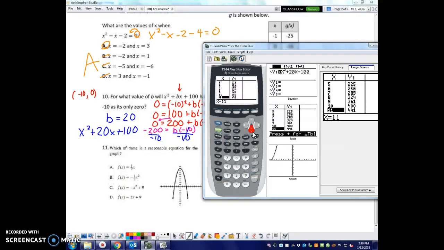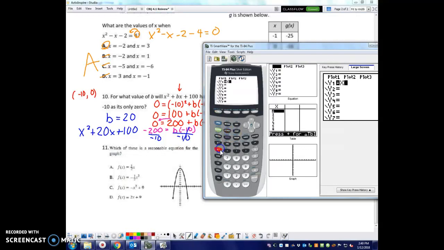No, not at negative 10. Did we type that in correctly? Graph. It is touching negative 10. For some reason our graph's not saying it is, but it is touching at negative 10. Second plus 712. Y equals x squared plus 20x plus 100.